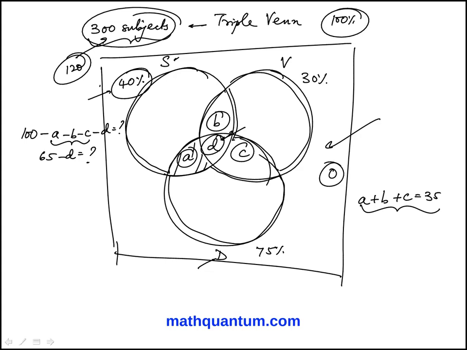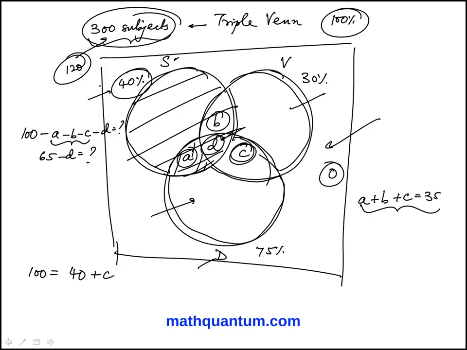And that's going to come from the fact that all three add up to 100. So that equation is going to be 100. And the way I like to do these Venn diagram problems is that this entire region is 40. And now I have to add C, and then these two regions.